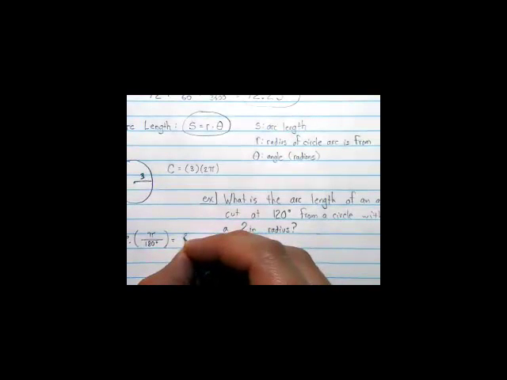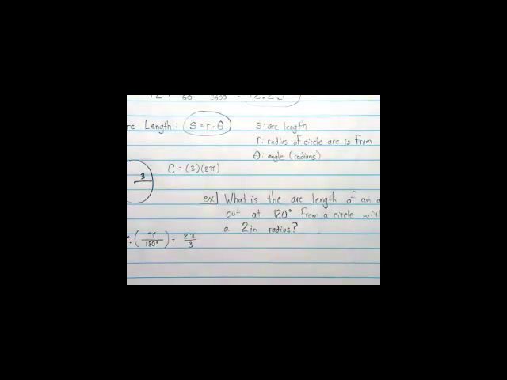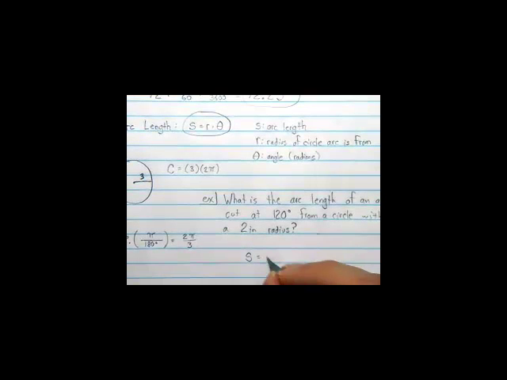So this would be then 2 pi over 3, right? Because 120 over 180 makes it 2/3. Yep. Okay, and so now I'm ready to multiply. So my arc length is the radius, which is 2, and my angle, which is 2 pi over 3. So I end up with 4 pi over 3.